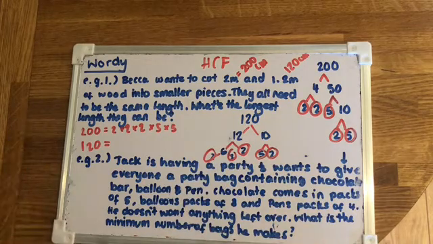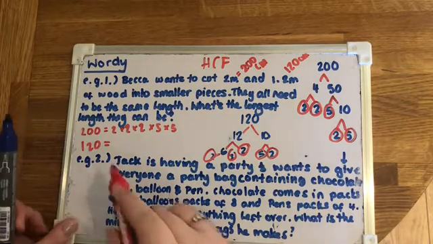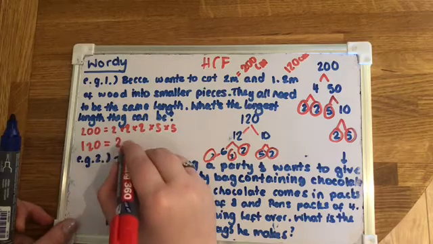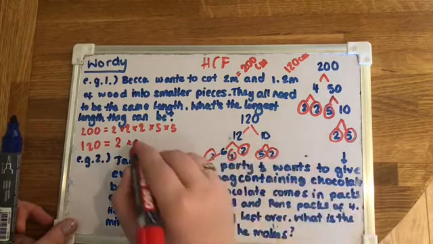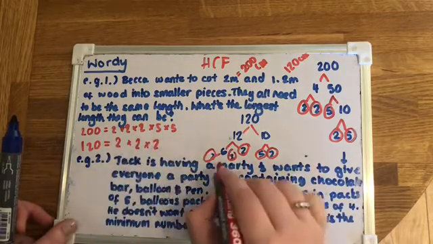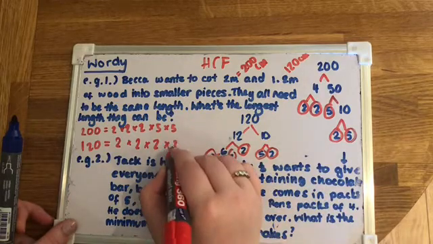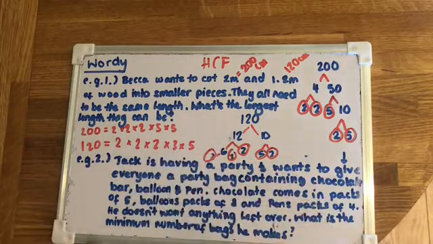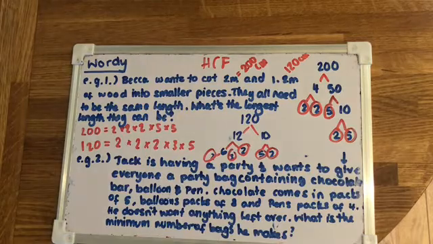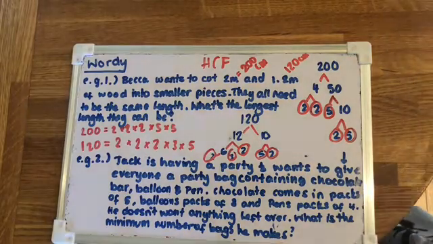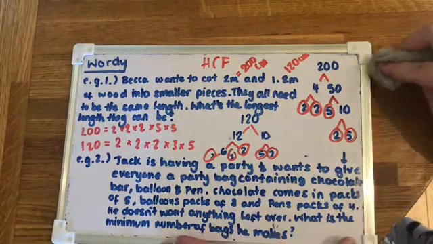So for 120 we've got 2 times 2 times 2 times 3 times 5. Okay, so that's the first thing we need to do. I'm going to rub out the factor trees just because I'm running out of space.